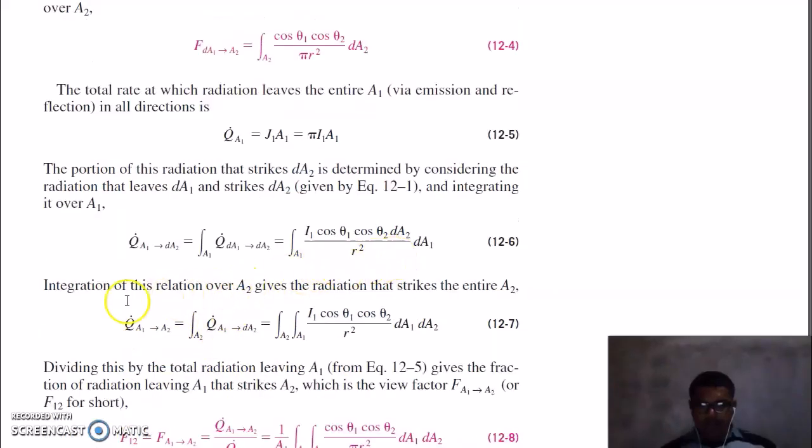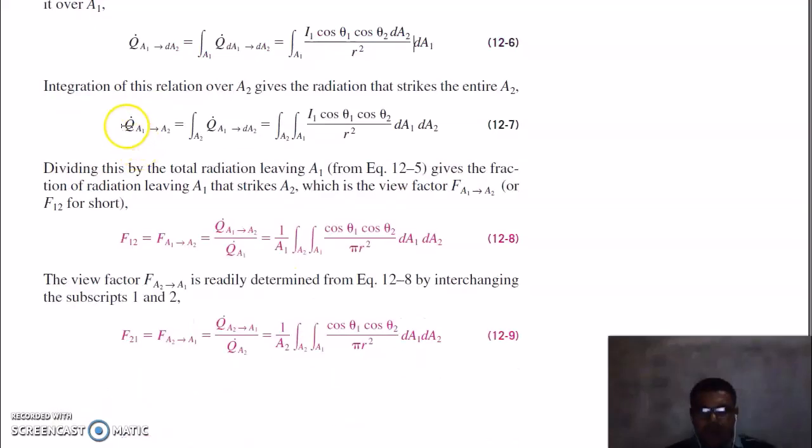Now integration of the above relation over A2 gives the radiation emitted by the A1 surface and received by the A2 surface. So when you integrate this over A2, you will get this relation. Now take this equation and divide by QA1, which is the total radiation emitted by the A1 surface.